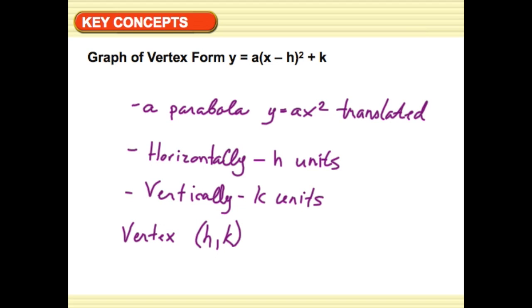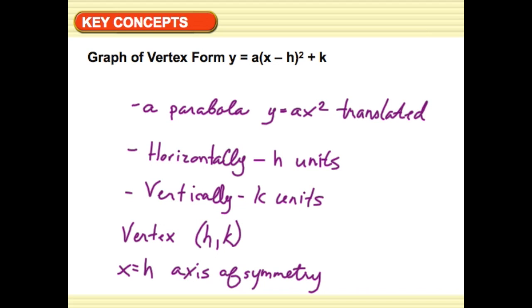I'm sorry, the axis of symmetry is x equals h. That didn't make sense to me.